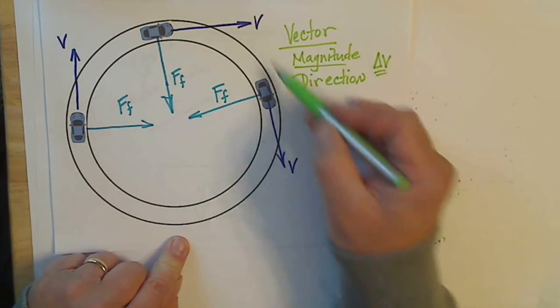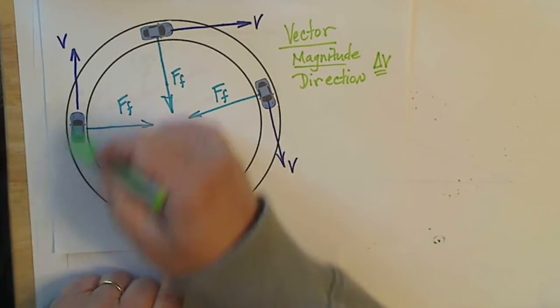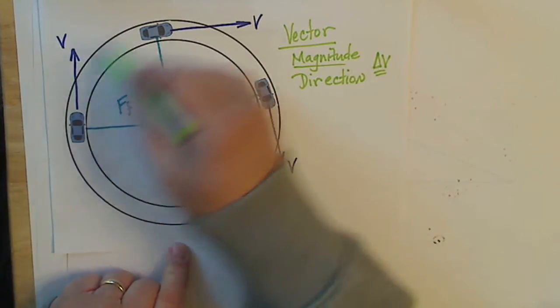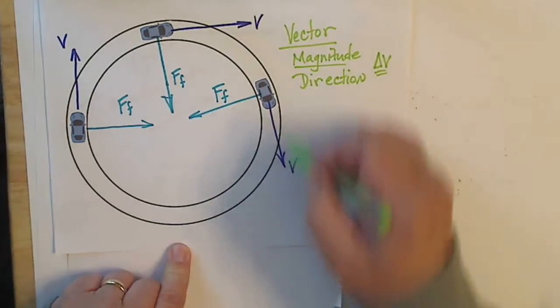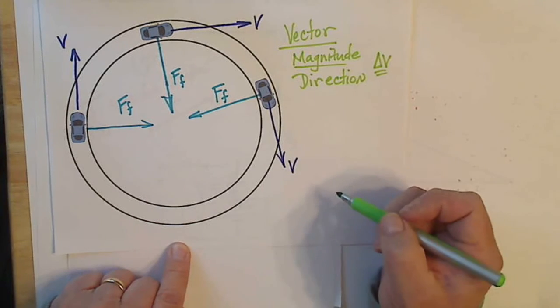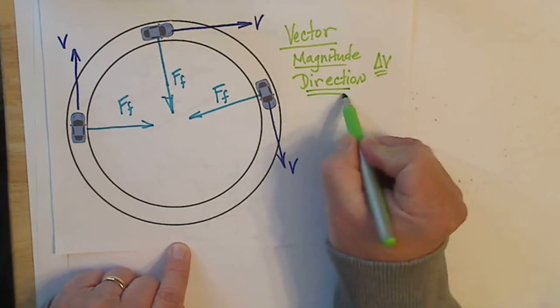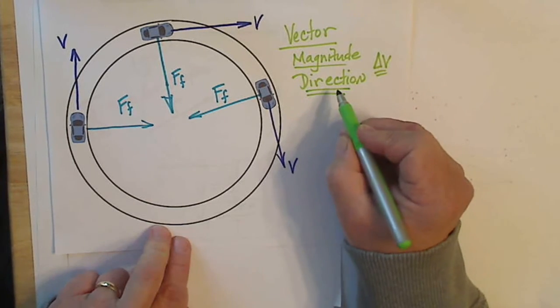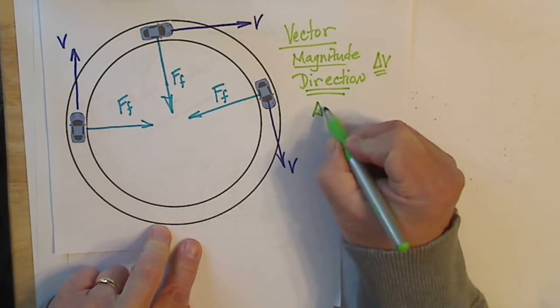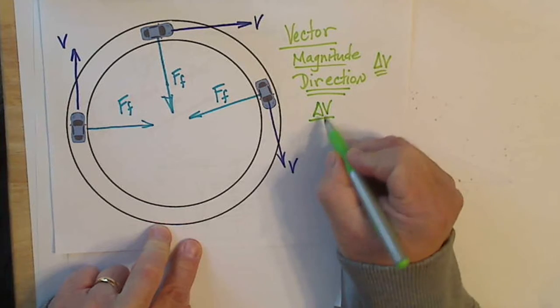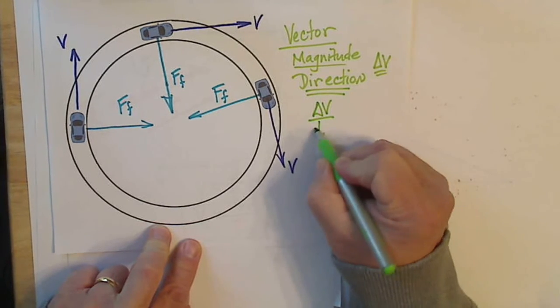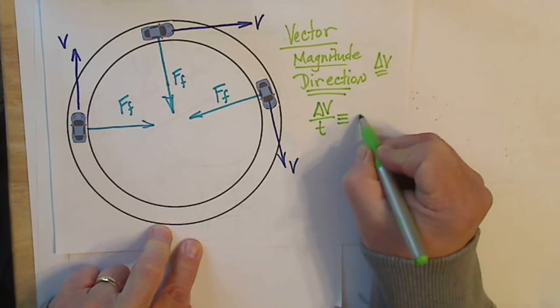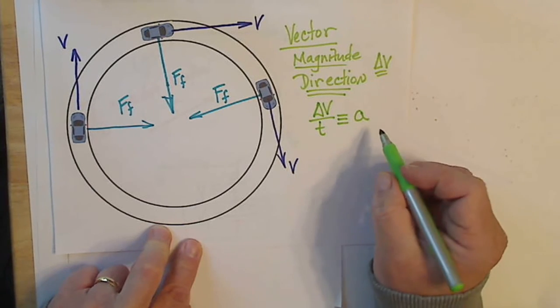Your velocity is going this way, it's going that way, or there's an infinite number of directions that your velocity winds up going as it makes its way all the way around the circle each time. So the direction is changing. And of course, if the direction is changing, then that means your velocity is changing. And if you've got a change in velocity over time, that is the definition of acceleration.